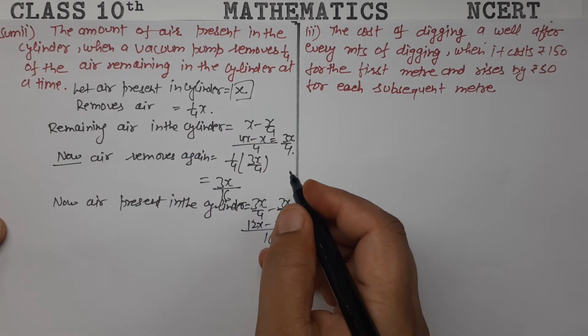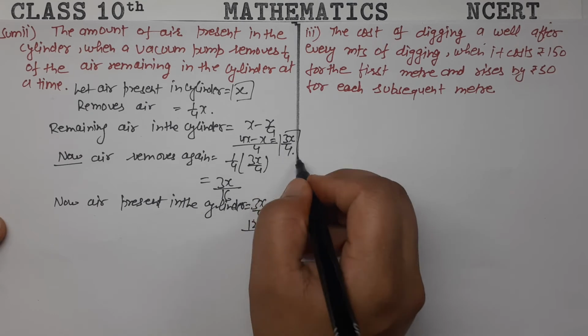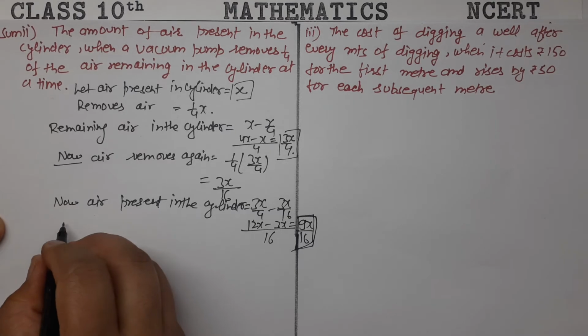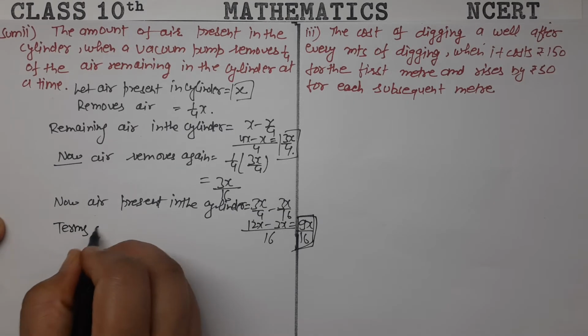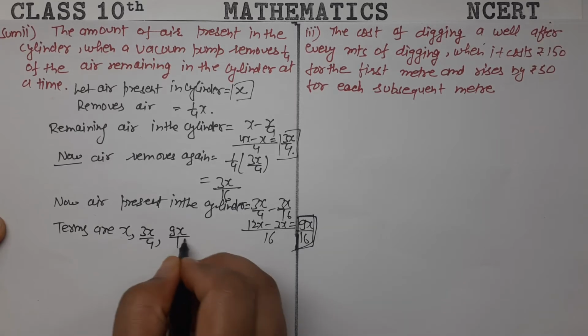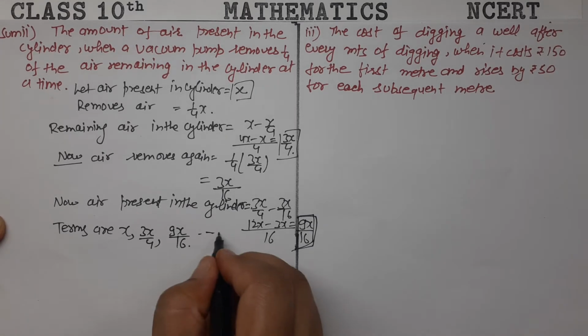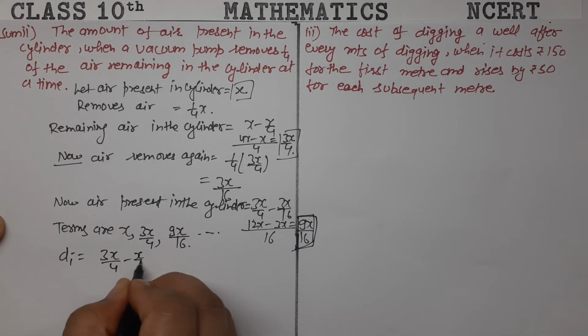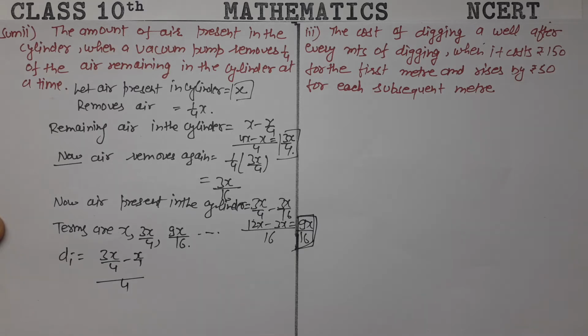A1, A2, A3. Terms are X, 3x by 4, 9x by 16. Now find D. 3x by 4 minus x, we have minus x by 4.